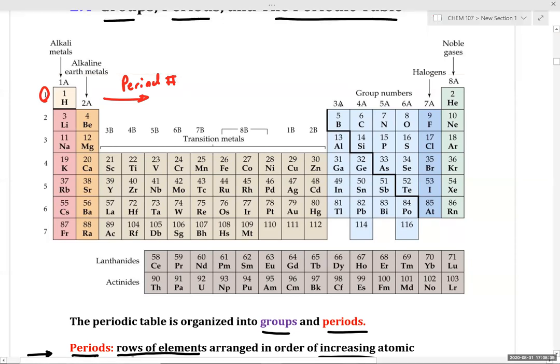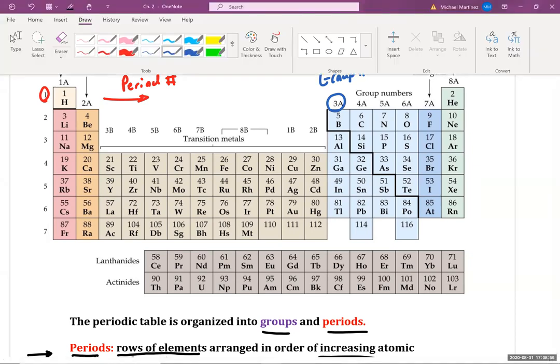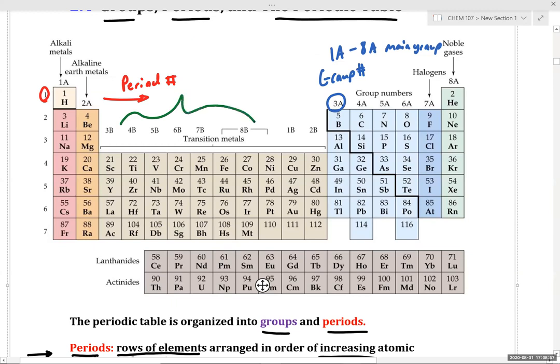The vertical numbers and letters are group numbers. So 1A through 8A are known as main group elements, while elements with a B symbol, the elements found in this center transition block of the periodic table, so 1B through 8B, are known as transition metals.